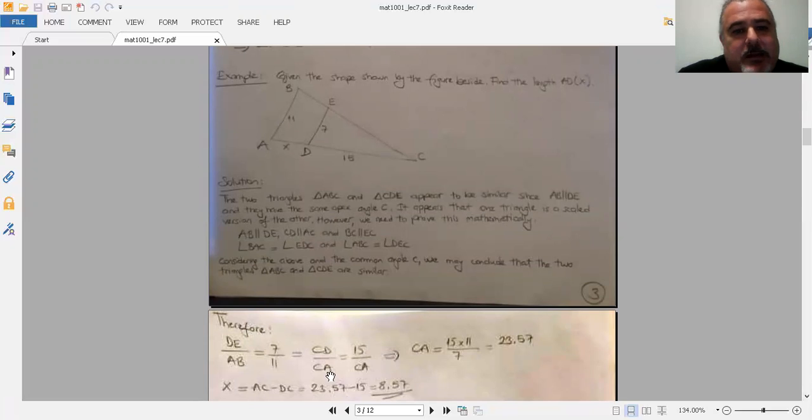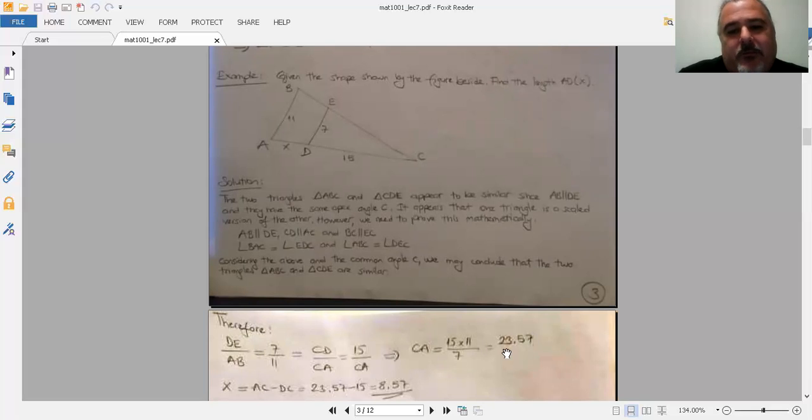CD over CA is 15 over CA, you know, this side over CA. So there's only one unknown. 15 over CA is 7 over 11.